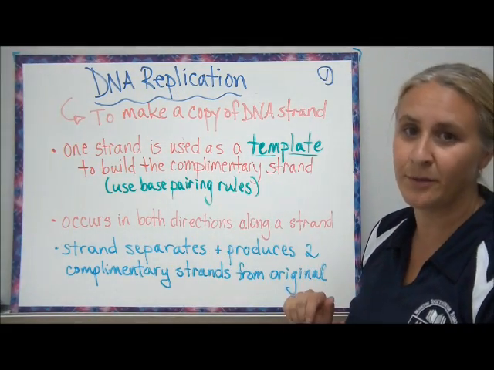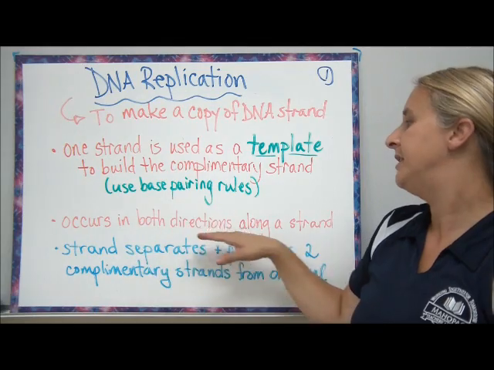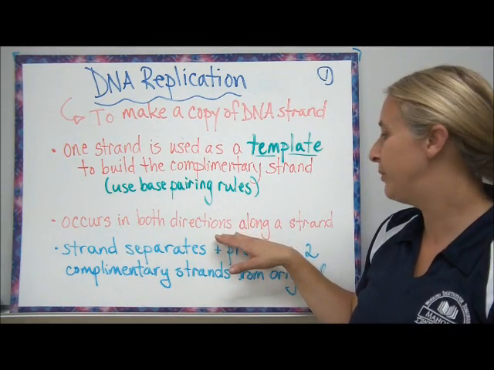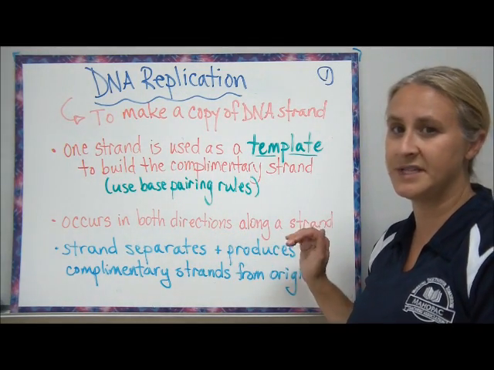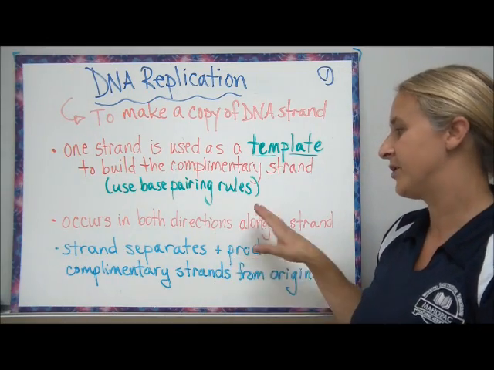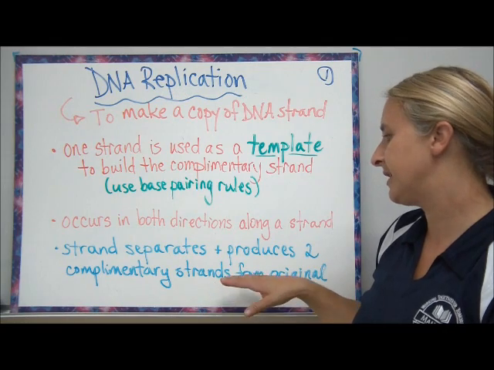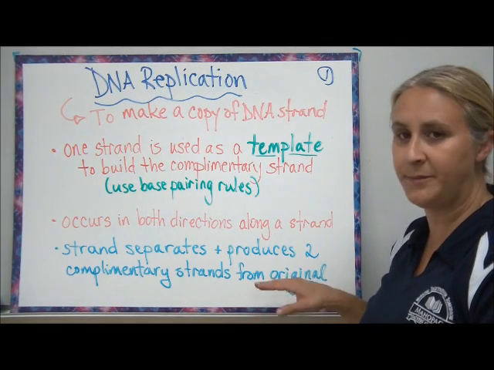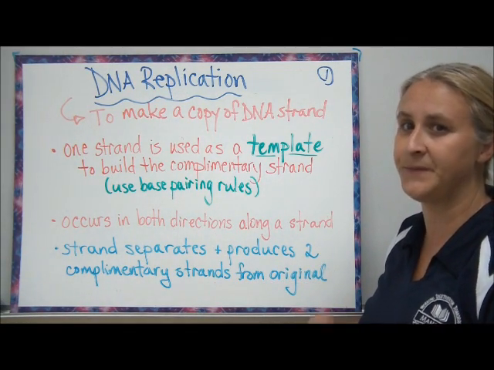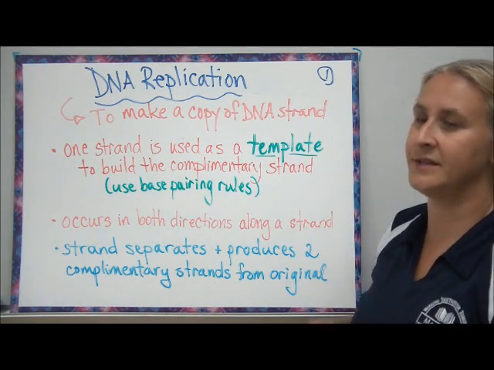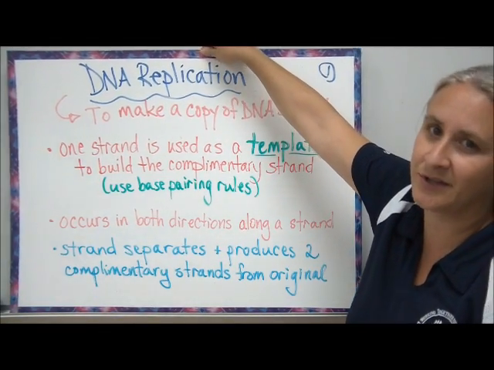And we do that by using our base pairing rules. This process is going to occur in both directions along a strand of DNA once we've separated it, and I'll show you that in a second. In order to do this, we separate the strand, and it's going to produce two new complementary strands from an original one. So it may sound confusing at this point, but let's take a look and see what it actually looks like.